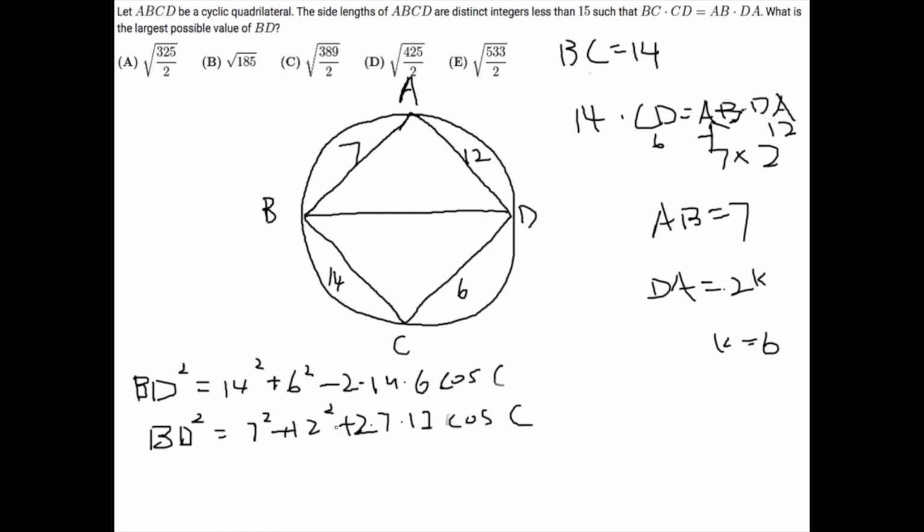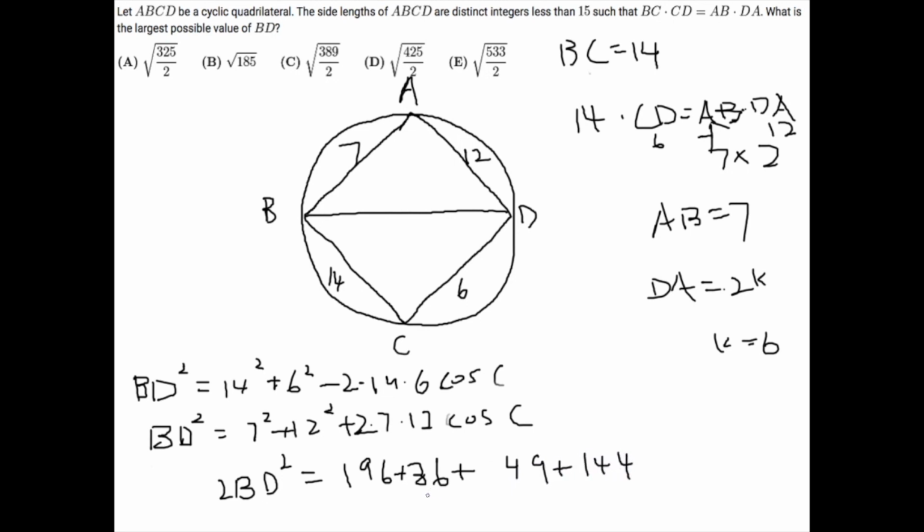So now what we can do is add these together, since 14 times 6 is equal to 7 times 12, which they're both 84. So these two parts will cancel if we add the two equations together. So we can say 2BD squared equals 14 squared, 196, plus 6 squared, 36, plus 7 squared, 49, plus 12 squared, 144.